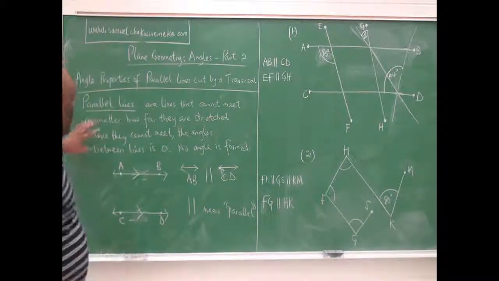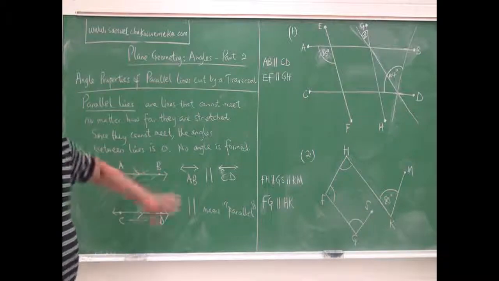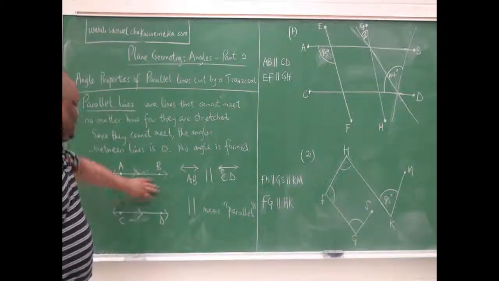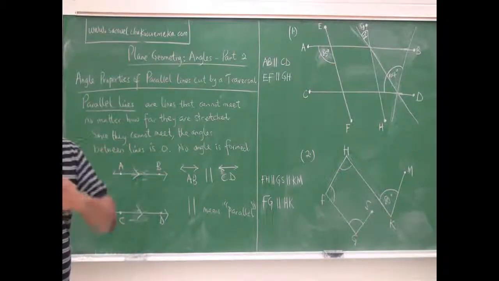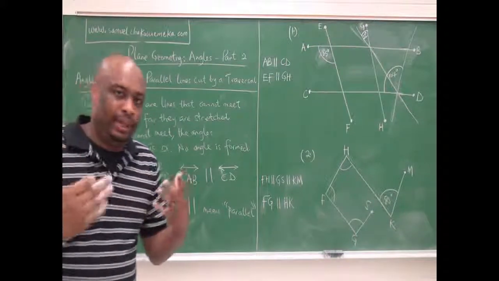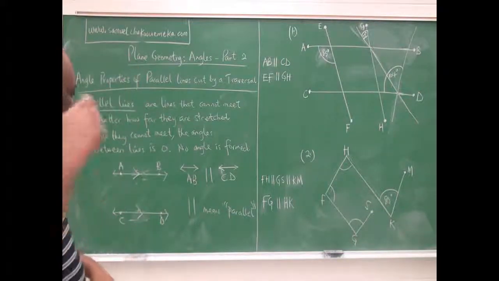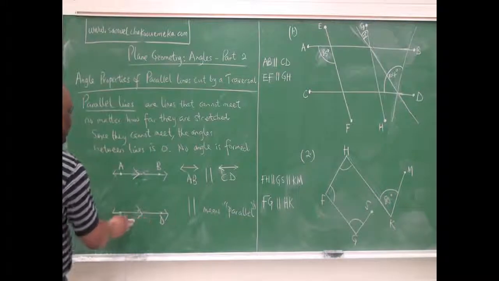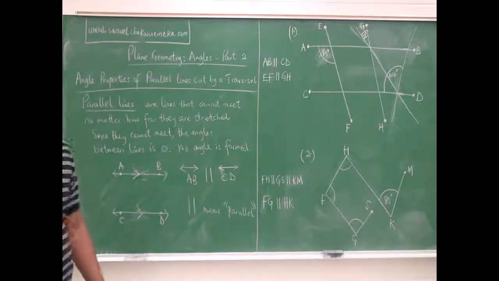Since these two lines will never meet, there is no angle formed. Remember, an angle is formed when two lines meet or intersect. We discussed that in the other video. But there is something interesting here.